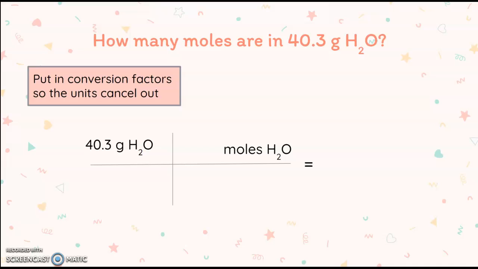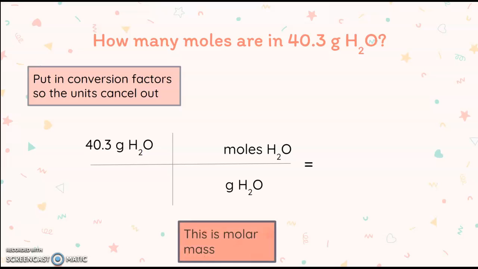We want to make sure that the units are going to cancel out so that we are just left with what we are looking for, which in this case will be moles of H2O. So right underneath moles of H2O, I'm going to be putting grams of H2O so that the grams of H2O will cancel out. Once again, we are left with moles of H2O.